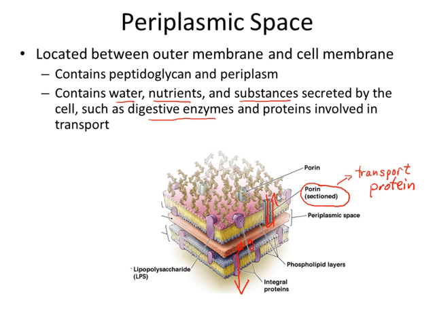For example, when a bacteria becomes resistant to antibiotics, one of the ways it can become resistant is by changing the porins on its surface. So no longer will the antibiotic be able to get through if that gets changed. Therefore, the bacteria will no longer die in the presence of that antibiotic. That is the definition of an antibiotic-resistant bacteria.